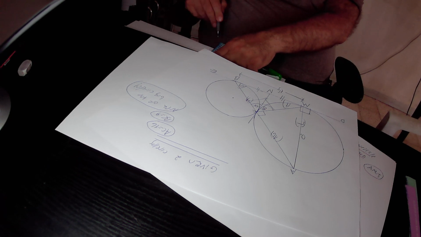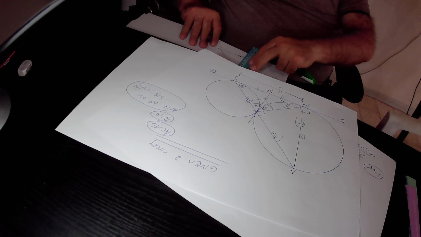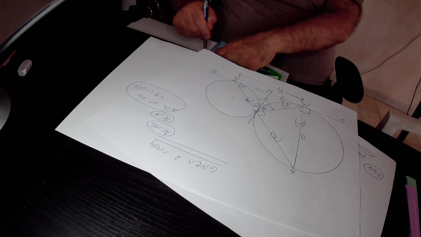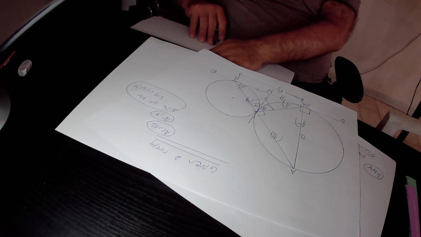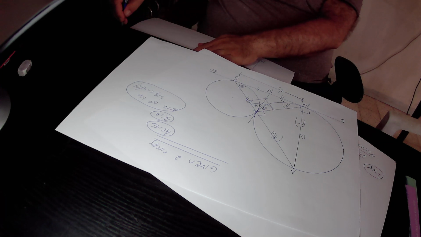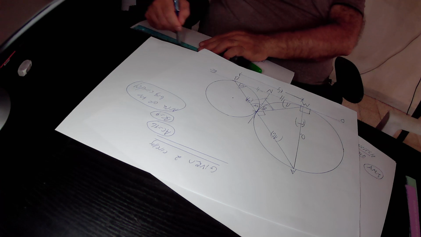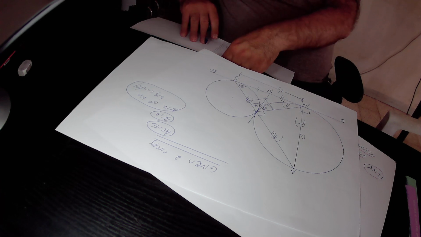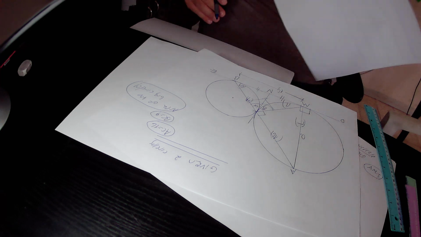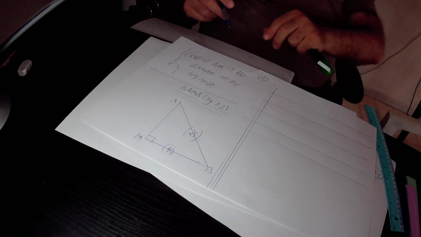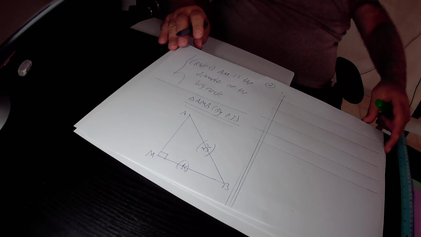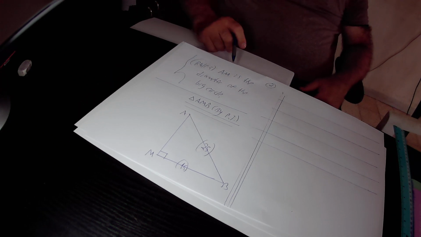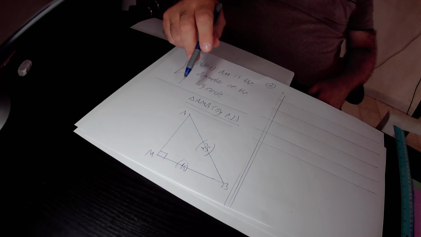So actually, this is the right triangle A and B from the original drawing. According to the Pythagoras theorem, in this right triangle, AB squared, that is the square of the hypotenuse, is equal to AM squared plus MB squared.